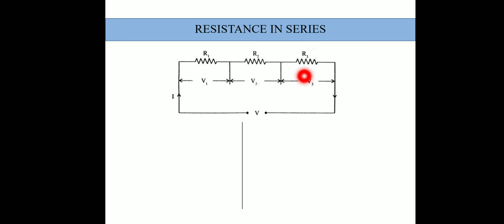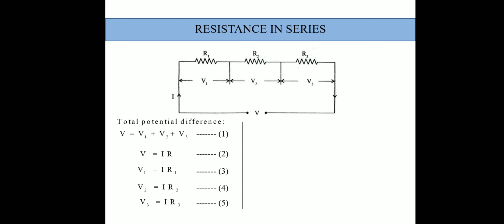Because the current will remain the same in the series combination, the total potential can be calculated as V1 plus V2 plus V3, and from Ohm's law we already know V equals I into R. So for V1 it will become IR1, for V2 it will become IR2, because V2 is the potential difference across resistance R2. This resistance R2 has current I passing through it, so I into R2 will be V2.